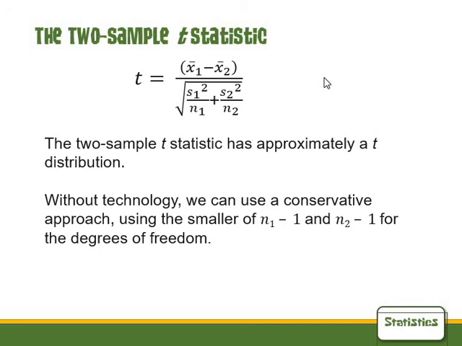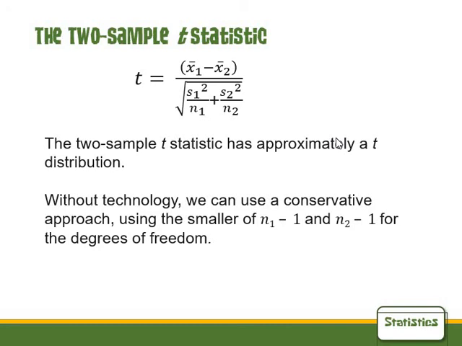It has approximately a t distribution. And the degrees of freedom is now much more complicated. If you didn't have technology or tables, which you should have access to, a conservative approach, meaning that if you find a significant result, it definitely is significant, but you lose some power, would be to use the smaller of n1 minus 1 and n2 minus 1.